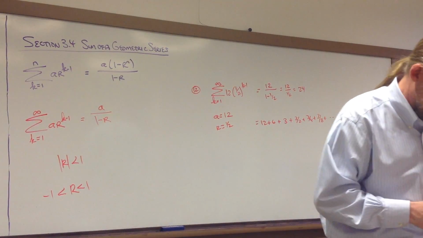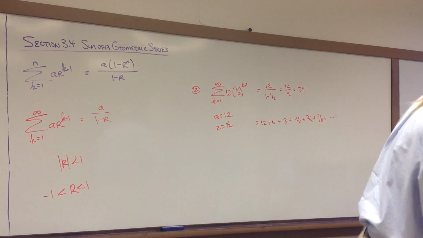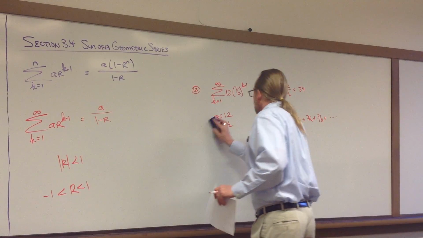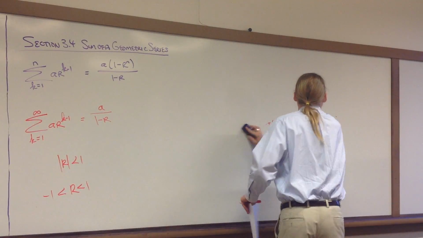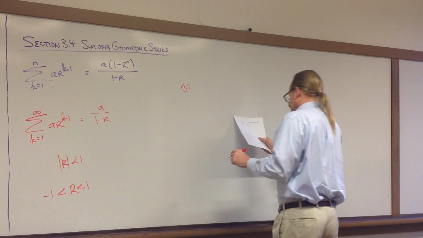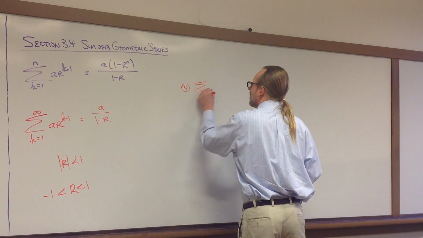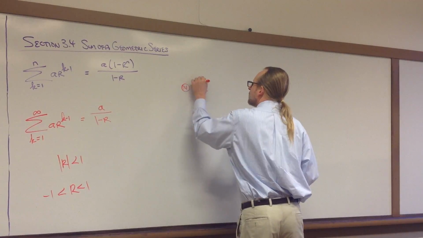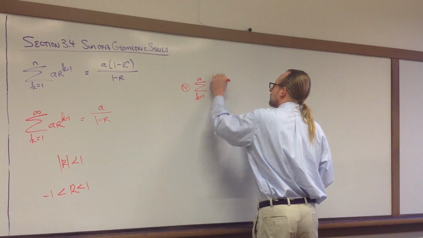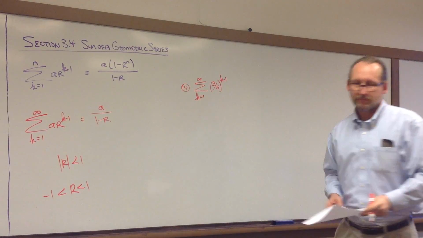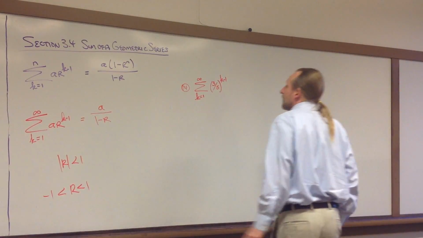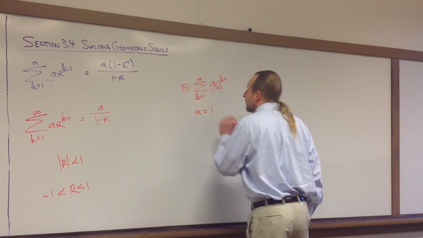Let's see what else we've got here. Problem 14. k from 1 to infinity, 3/5 to the k minus 1. Our first term, A, is going to be 1.